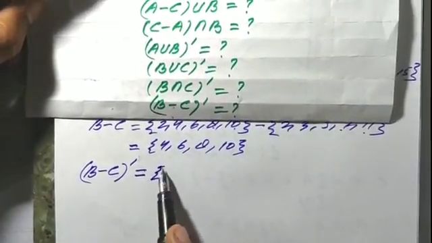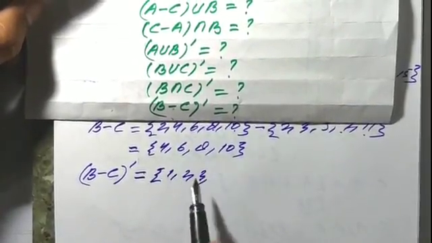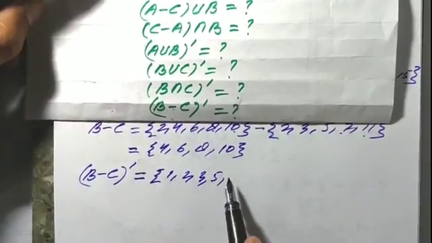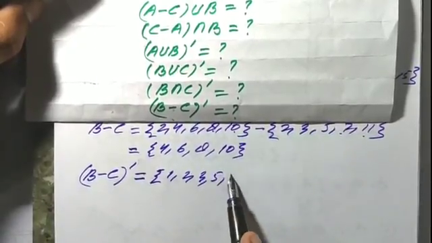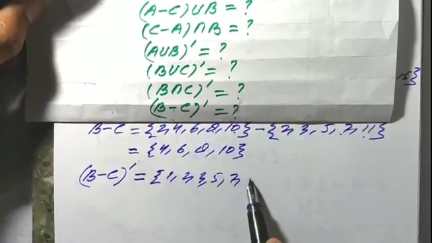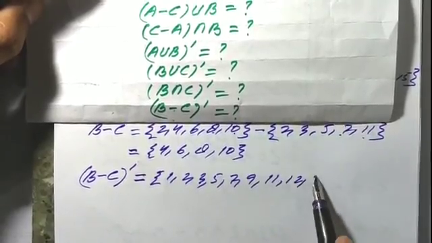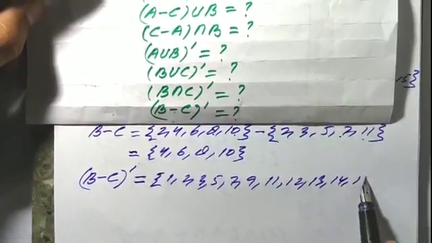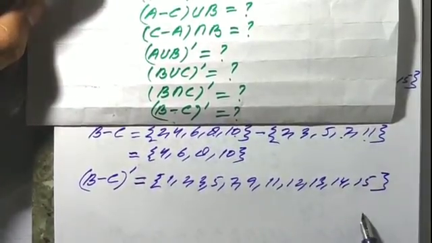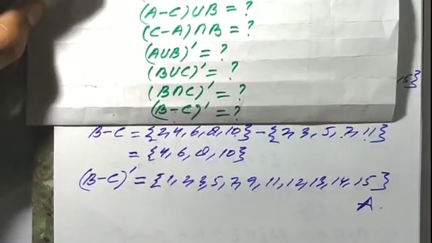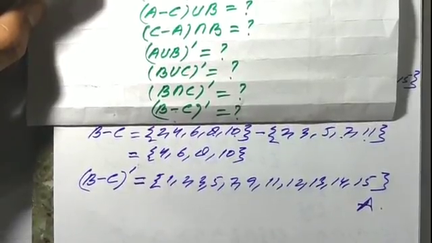So (B − C) complement is the set of 1, 2, 3, exclude 4, 5, exclude 6, 7, exclude 8, 9, exclude 10, 11, 12, 13, 14, 15. That's it. This is (B − C) complement.